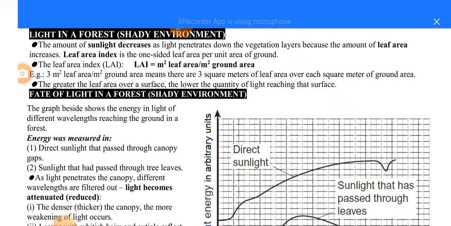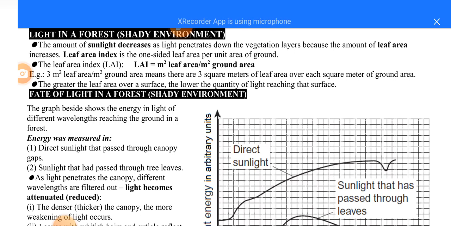The leaf area index, which is LAI, is equal to meters squared leaf area divided by meters squared ground area. That is the formula for finding the leaf area index.